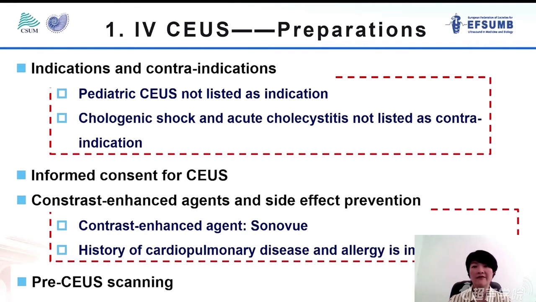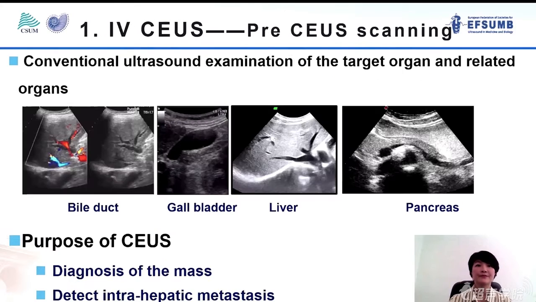Besides, a conventional ultrasound examination is essential to make an effective plan of CEUS. The bile duct, gallbladder, liver, and the pancreas are examined to detect and select the proper target of intravenous CEUS.